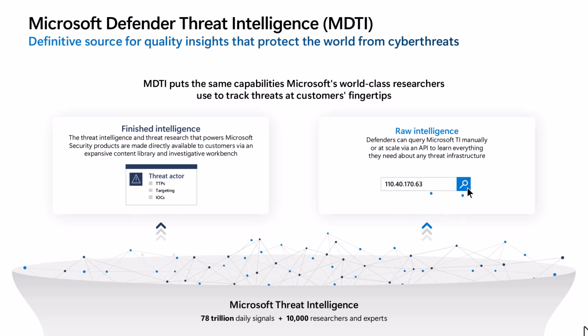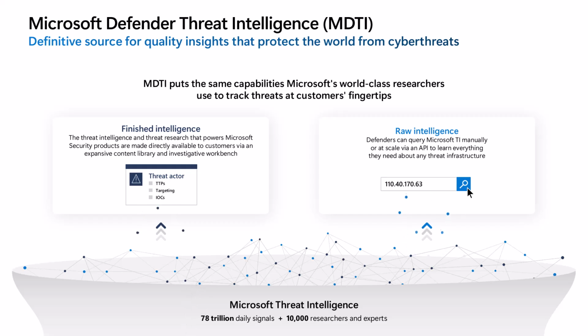That research also includes updated tactics, techniques and procedures, or TTPs, recommendations, targeting and associated indicators of compromise, or IOCs. The finished intelligence in MDTI represents a significant advancement and added value that will be highly valued by customers transitioning from other solutions, including RiskIQ Passive Total.